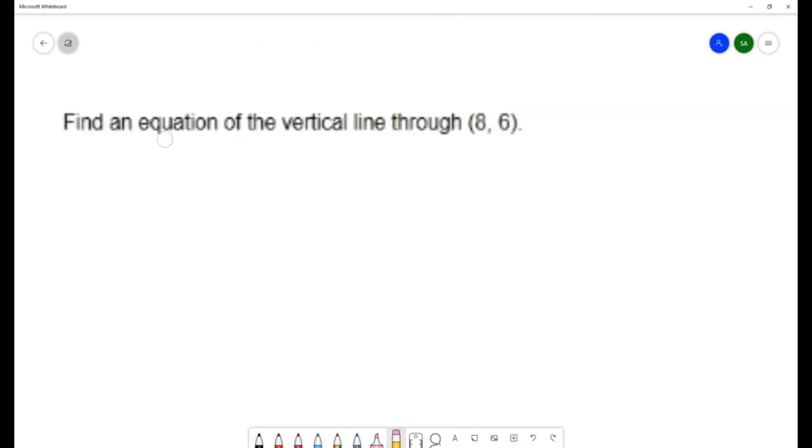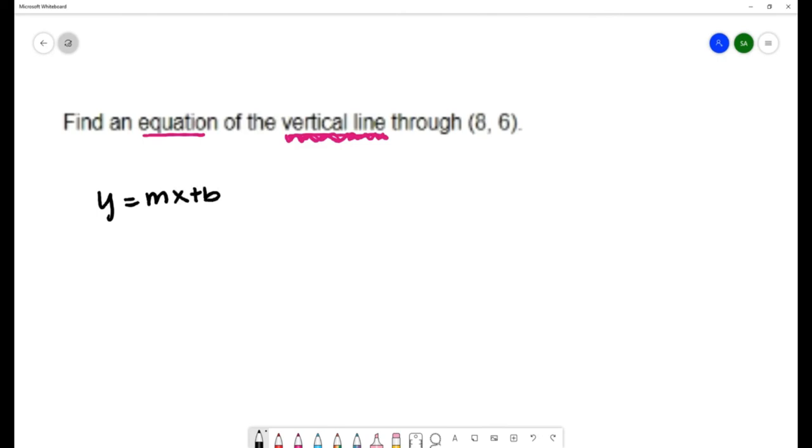Find an equation of a vertical line through the point (8, 6). In order to find the equation of a vertical line, we have to know about vertical lines. Vertical lines are really a special case. All of the other equations can be written in slope-intercept form, y equals mx plus b.